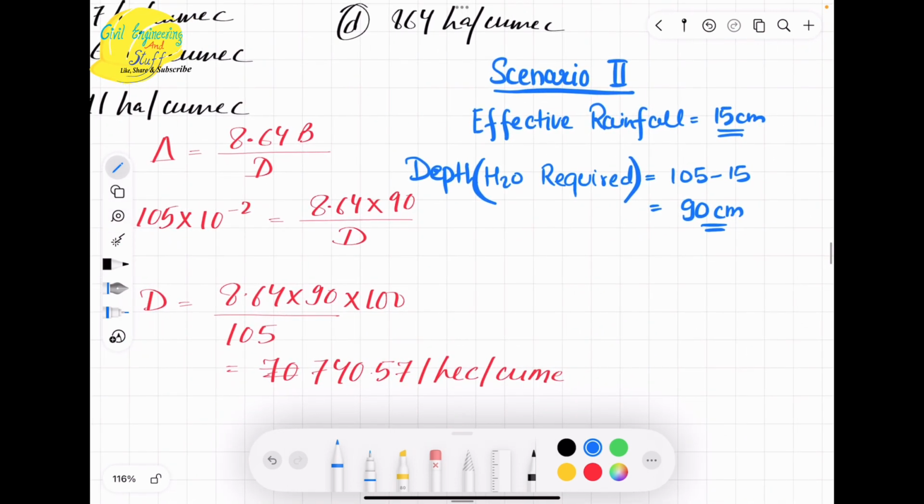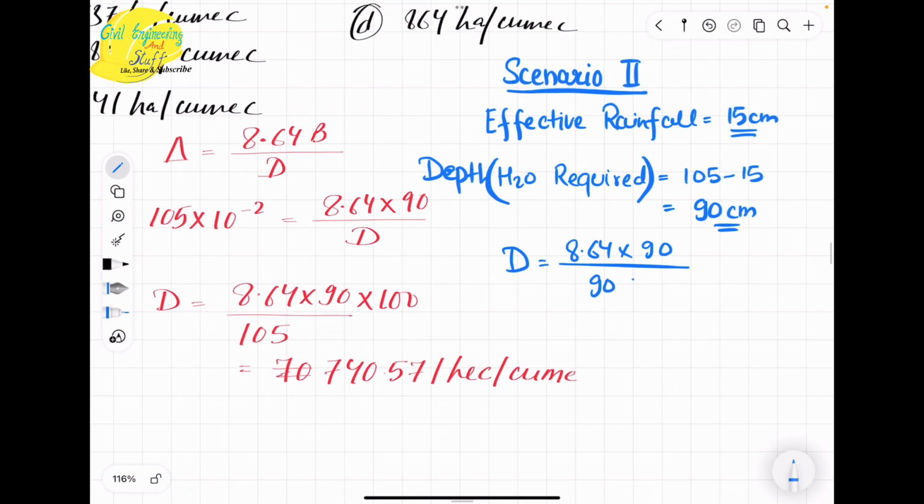Then the question becomes just like the one that we had done previously: 8.64 into 90 divided by the delta value, 90 into 10 to the power minus 2.